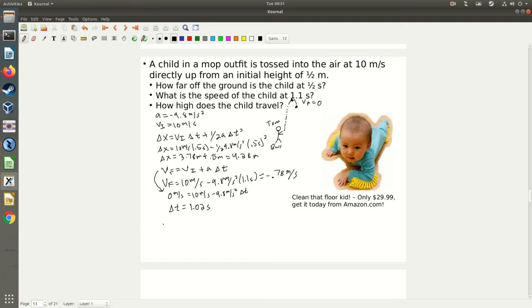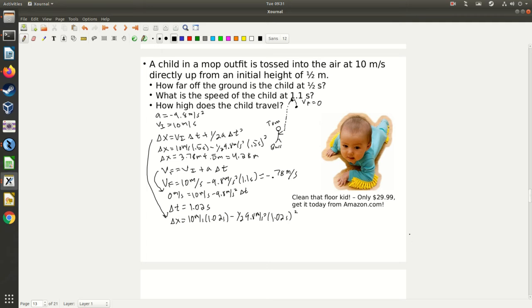Well, to figure out the height, I just go back to using the delta x equation, like so. And so, okay, well then delta x is equal to my initial velocity of 10 meters a second, the time of 1.02 seconds, minus the 1/2 of 9.8 meters a second squared, 1.02 seconds quantity squared.